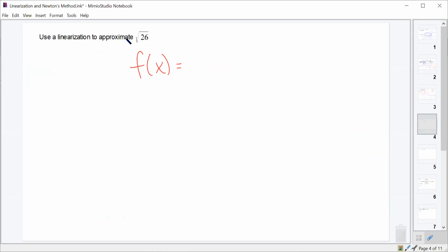It's using a square root function, isn't it? So how about square root of x? Yeah, with x equal to 26, right? Where should we center this approximation? What's a number that's pretty close to 26 that we know the square root of? 25. 25, right? So we'll center this at 25.